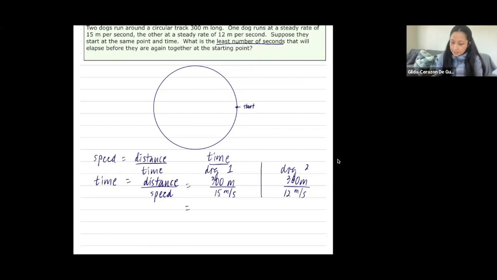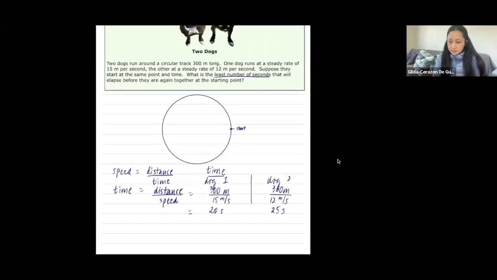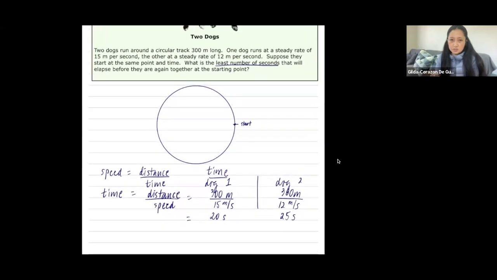If we calculate 300 divided by 15, that is going to be 20 seconds. And then the other dog, 300 divided by 12, would be 25 seconds. So now we know the time that each of the dogs takes to do one lap of the circular track.